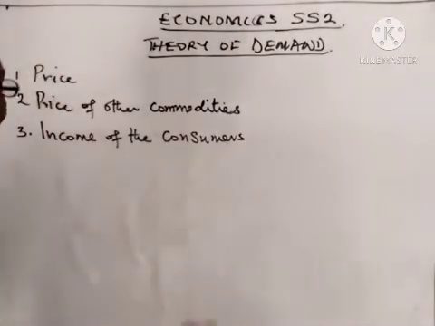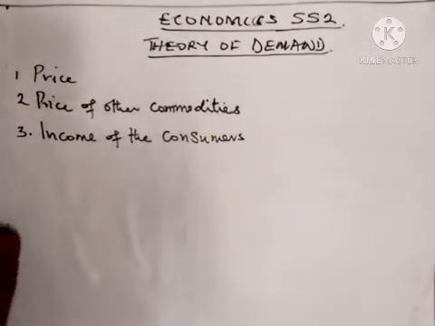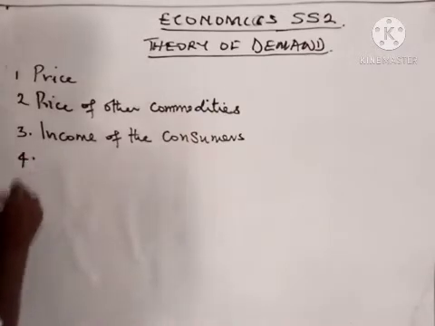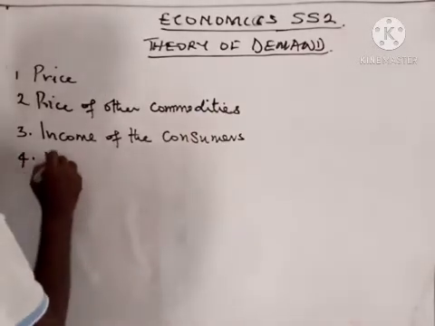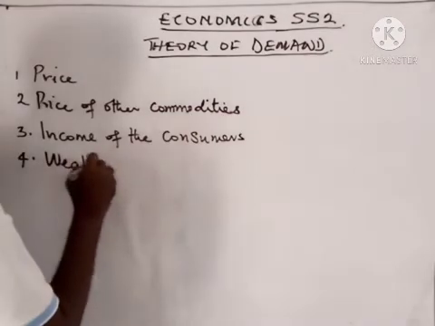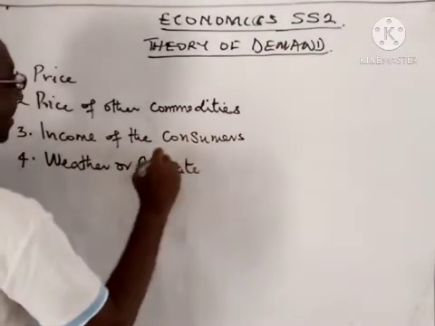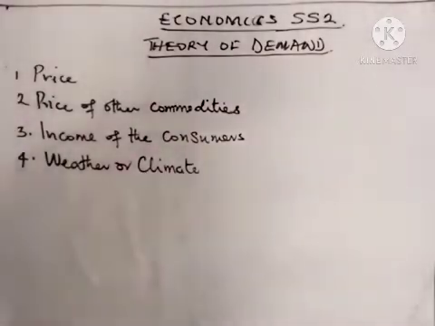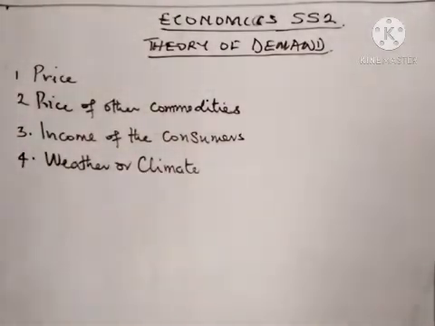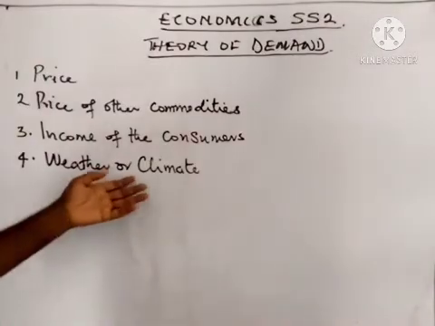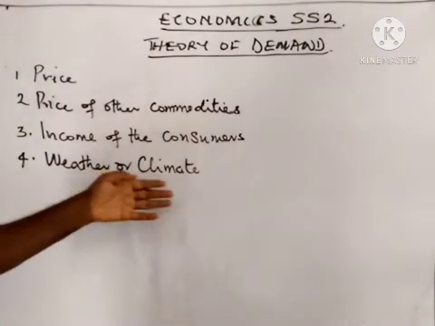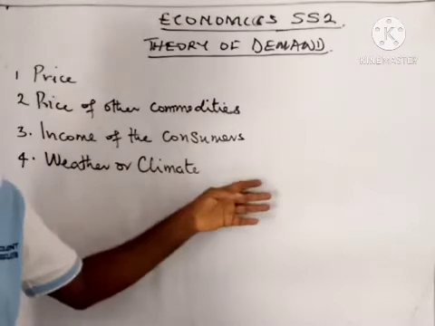Factors that affect demand. Number 4, it could be weather or climate. There are seasons when you realize that the commodity that you want to buy will not be in circulation.